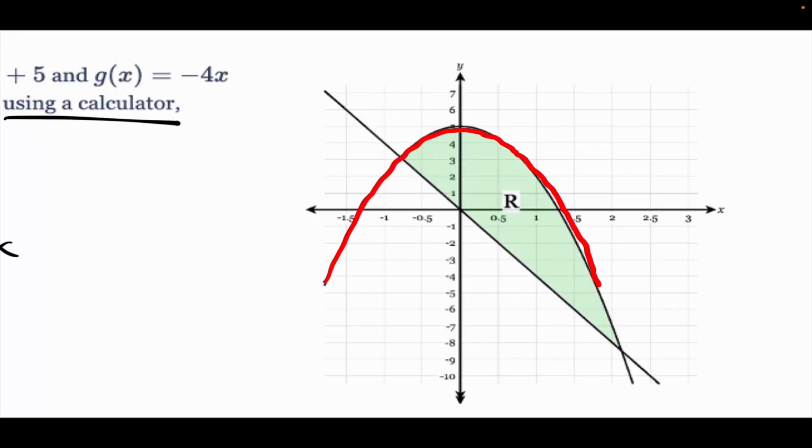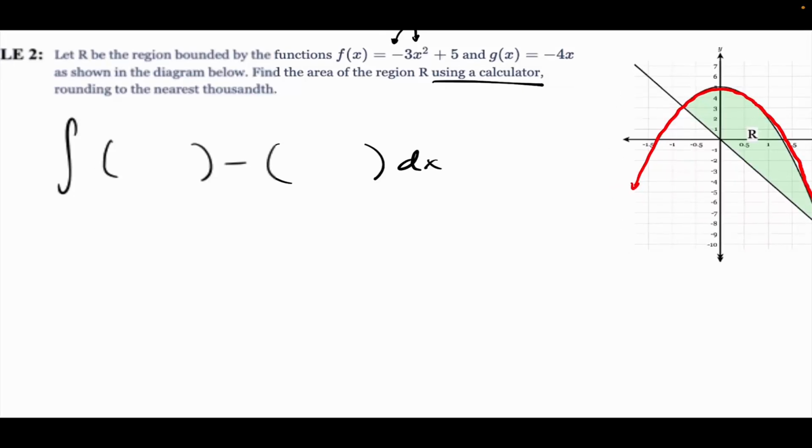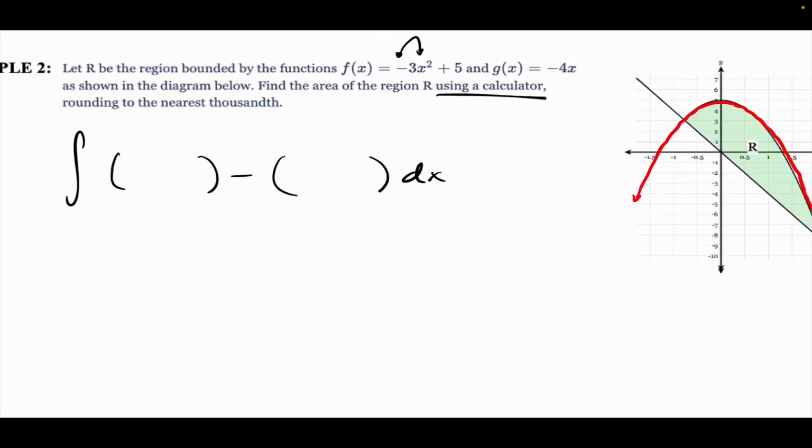The other guy is linear. It's just a straight line. So f of x is on top of the green. Okay, so we're going to put that on top, or the first. Negative 3x squared plus 5. So that means g of x has to be on bottom, which it is.